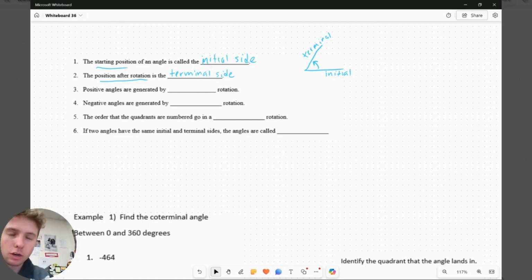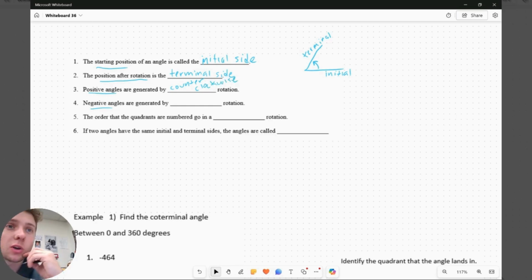You can have two different types of angles. You could have positive angles, you could have negative angles, and those are just caused by rotating in different directions. If you have a positive angle, you are going in the order of the quadrants, meaning that you are rotating counterclockwise.